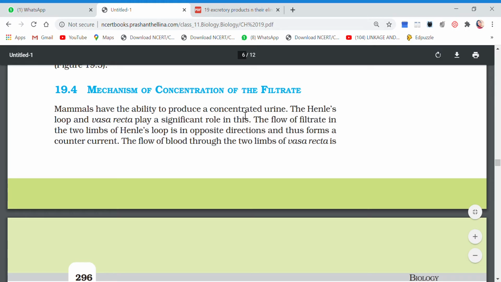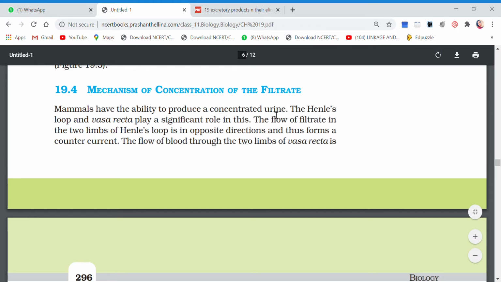We excrete only 1.5 liters, and that too the urine is very concentrated. So the Henle's loop and vasa recta play a very significant role in this. What is the significant role played by these two tubules, children? How is the concentrated urine produced?